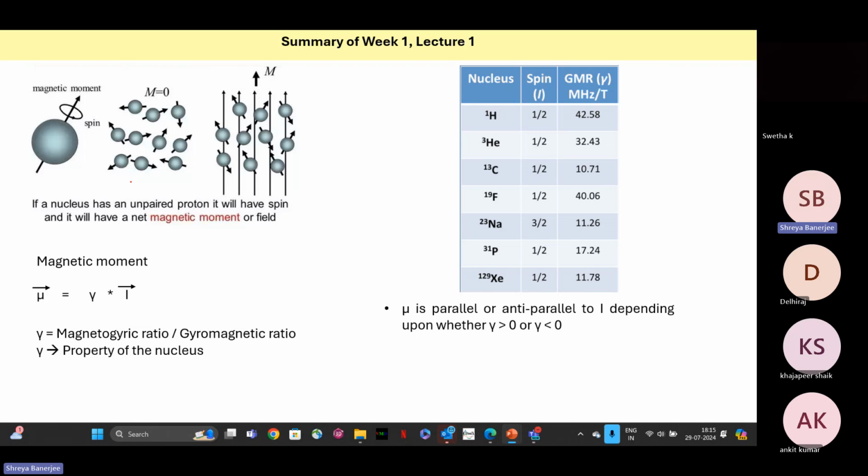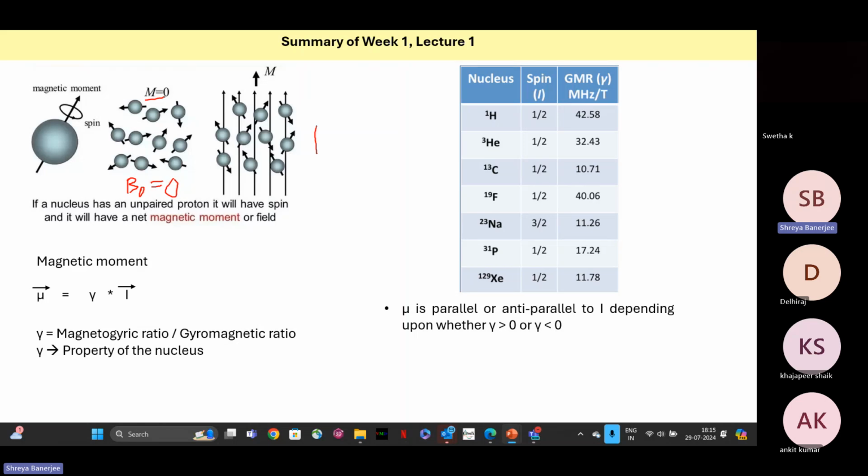Now, when there is no external magnetic field applied, so B0 is 0, then all the small magnets, we are imagining the nucleus as a tiny magnet, are just randomly oriented. So the net magnetic moment M is 0 because they cancel out.